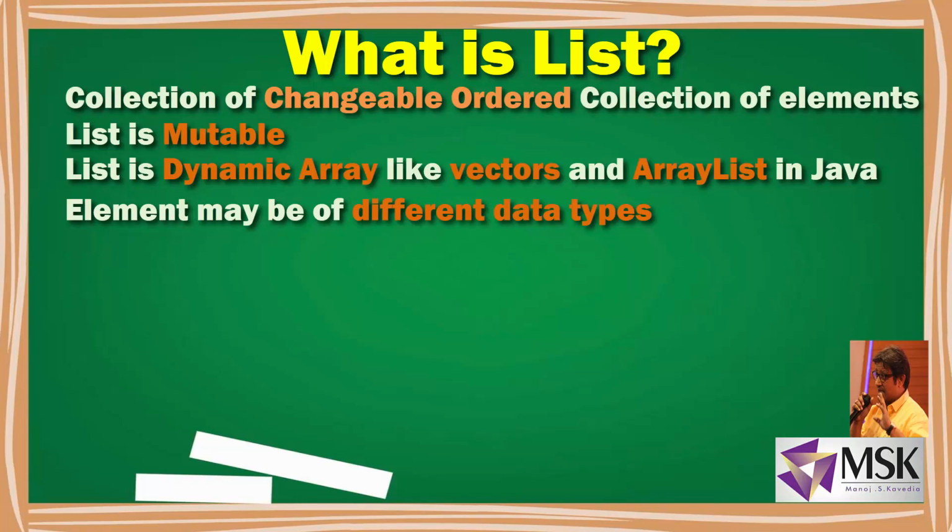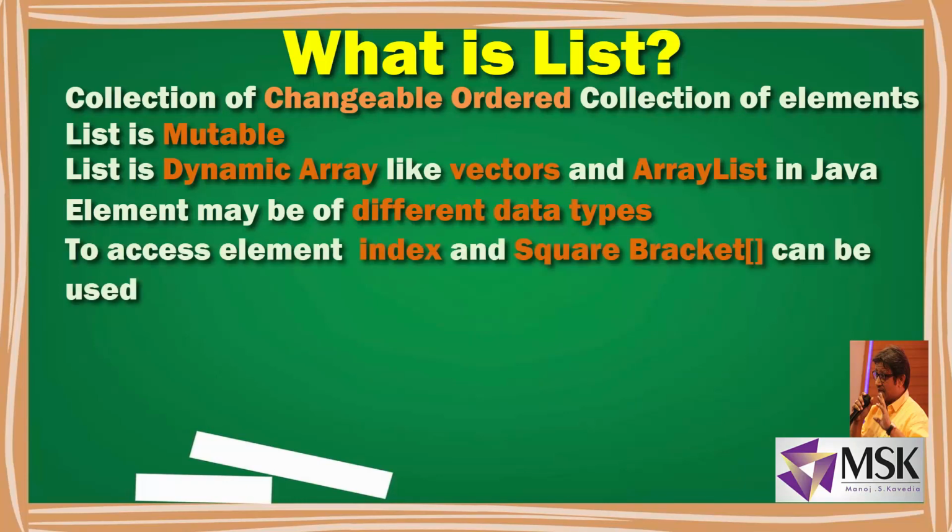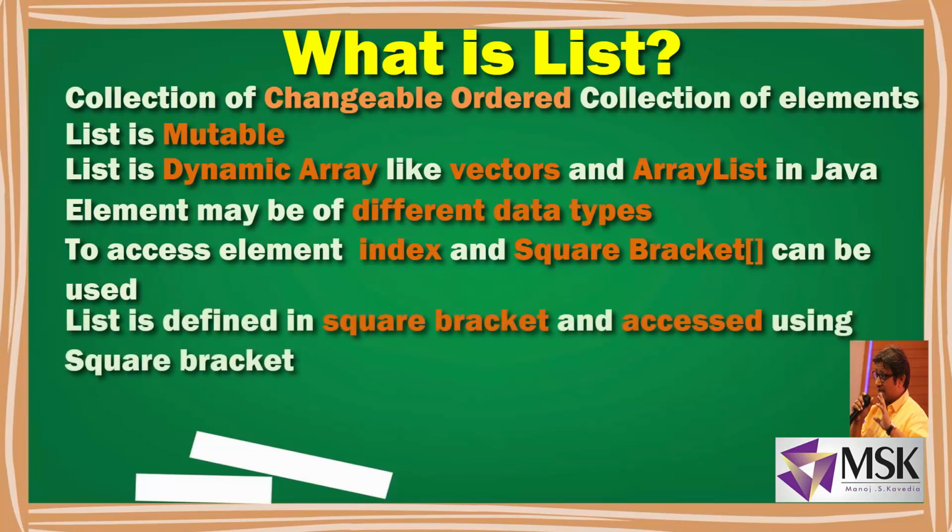Now, to access the element of a list, I can use index, and same like string, here also the index starts with 0 and n minus 1 is the last index. And here also like string, I can access the elements with square bracket. So list is defined with square bracket and elements are also accessed with square brackets.